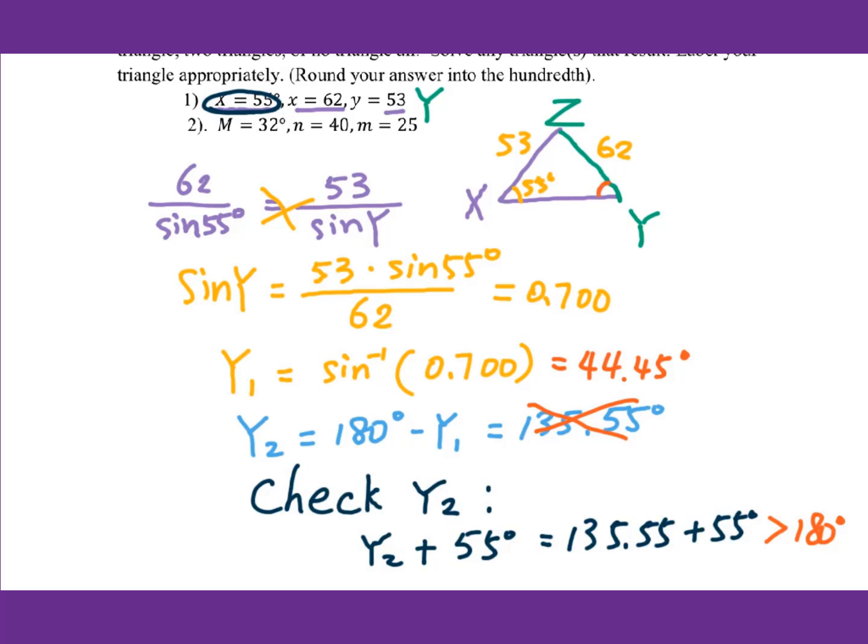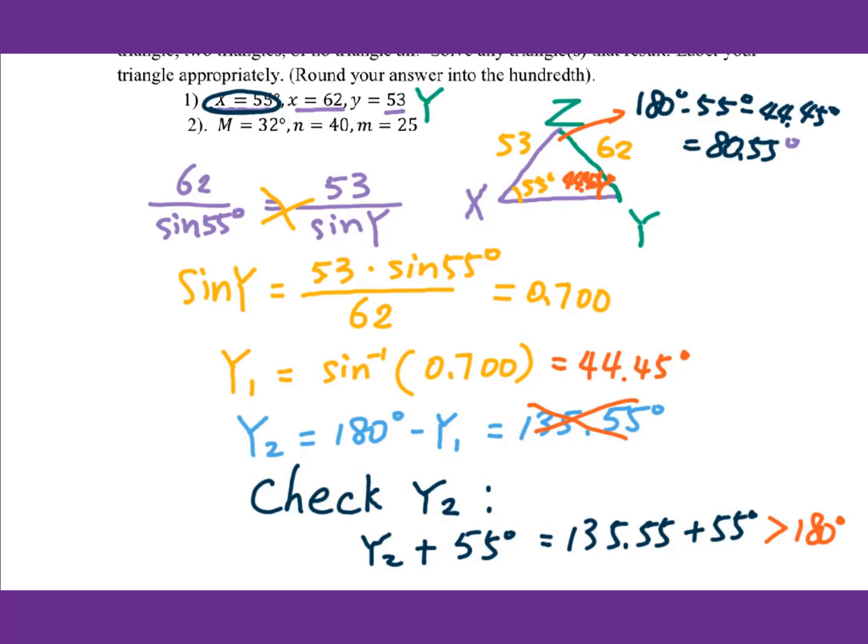We got the y1, that's 44.45 degrees. So for the z, you will get 180 degrees minus 55 degrees minus 44.45 degrees equals 80.55 degrees.